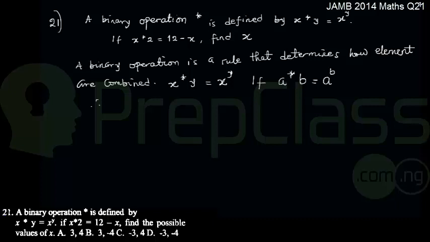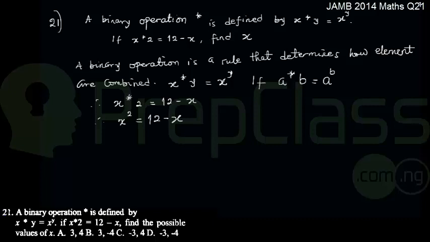So therefore, from the question, I have x operation 2 is equal to 12 minus x. From the rule of the operation, x operation 2 is the same thing as x raised to the power of 2. X, the first element, will be raised to the power of the second element. X raised to the power of 2 is equal to 12 minus x.